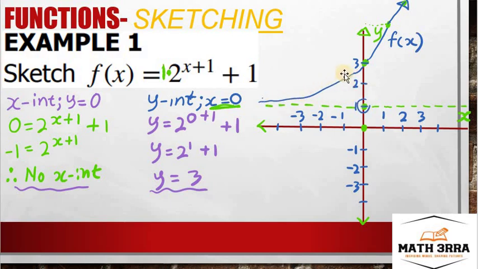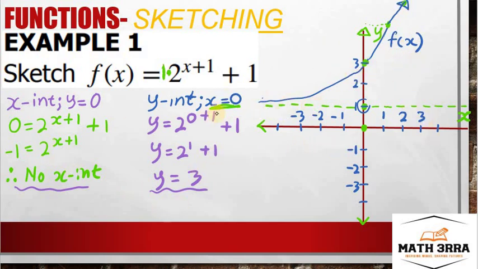The graph itself was cutting the y-axis at y = 3, with the graph not having an x-intercept. Then we plotted two other points, where x = 2 and y = 5, and x = 3 and y = 9, I believe.